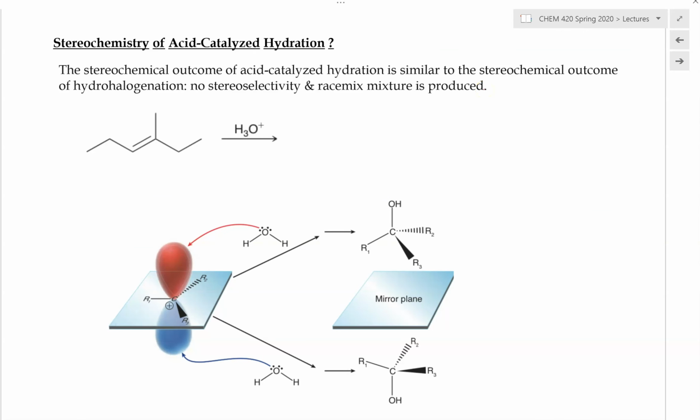And now let's discuss the stereochemistry control of acid-catalyzed hydration. The stereochemical outcome of an acid-catalyzed hydration is very similar to that of a hydrohalogenation reaction. There's no selectivity and a racemic mixture is produced.